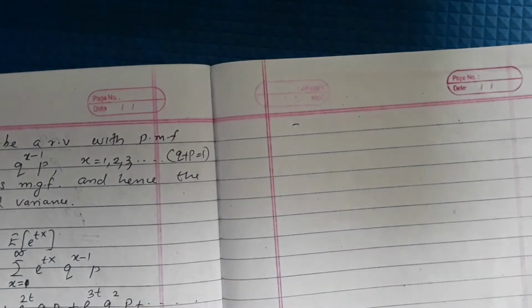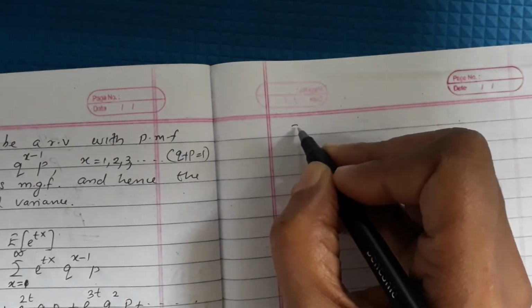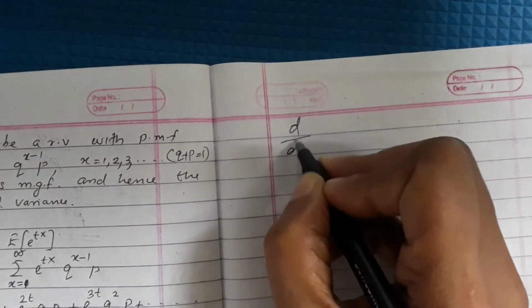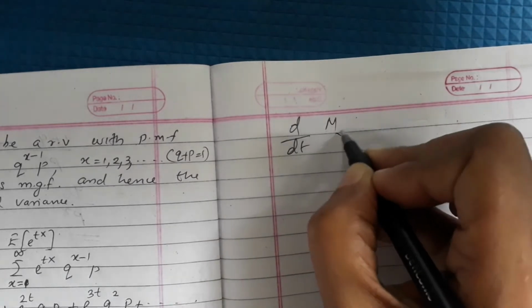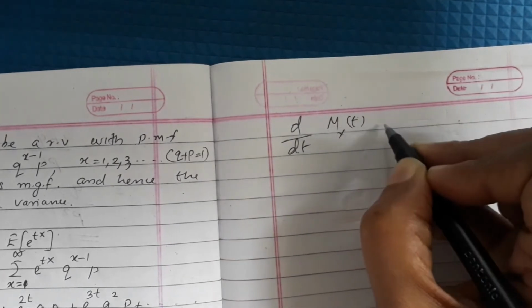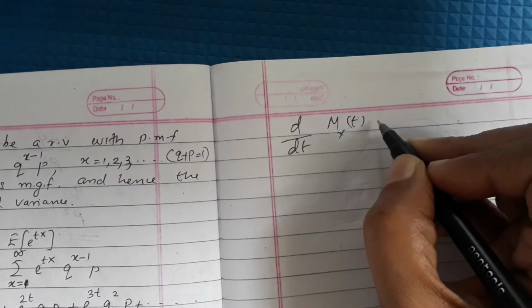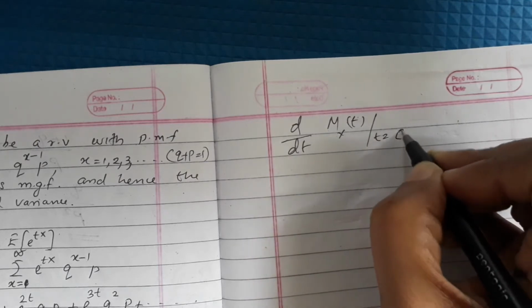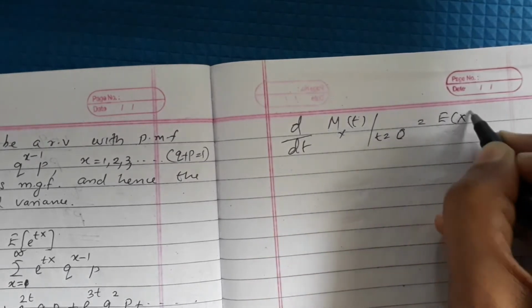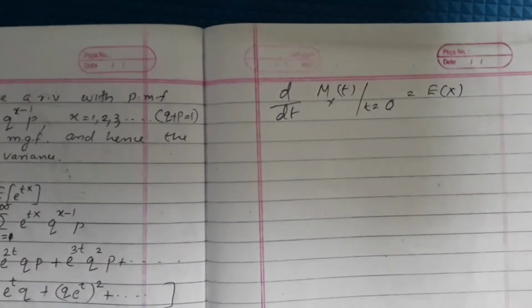We know that by differentiating the MGF, d by dt of M_X(t) at t equal to 0 is the expectation of x.